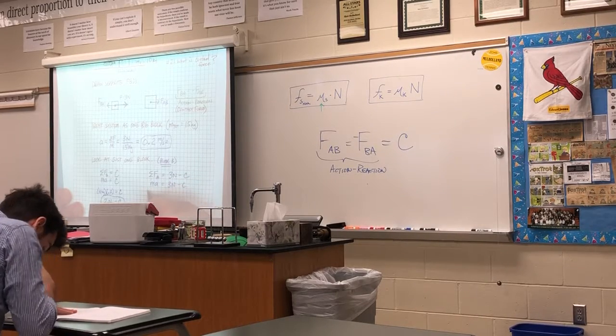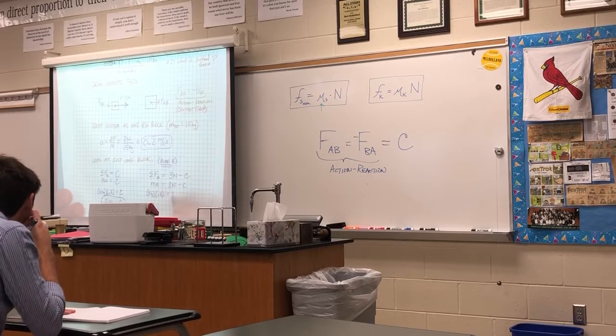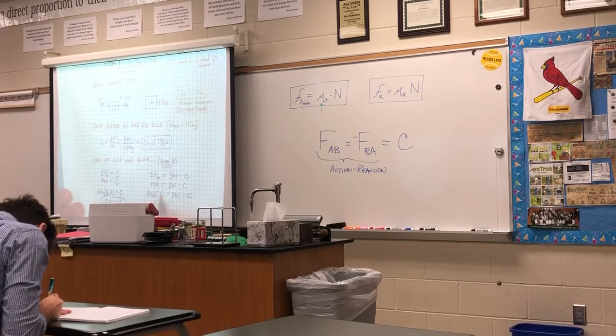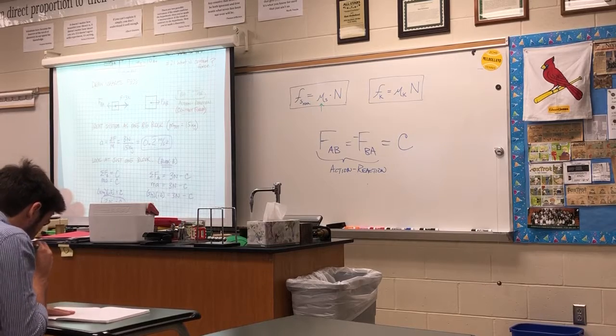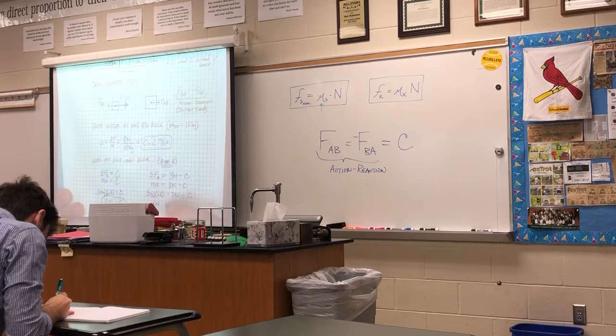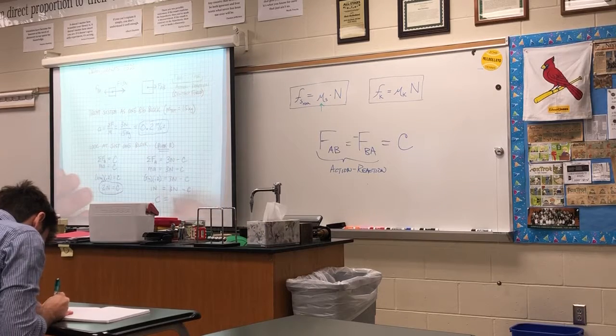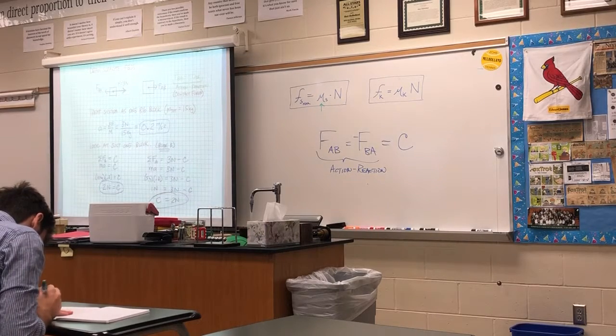What's the mass of that block? 5 kilograms. What's the acceleration? 0.2. What's 5 times 0.2? 1 newton equals 3 newtons minus C. What does C equal? 2 newtons. That's the contact force.